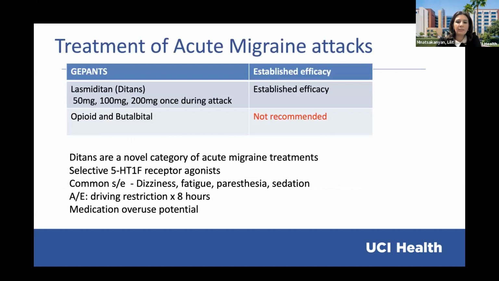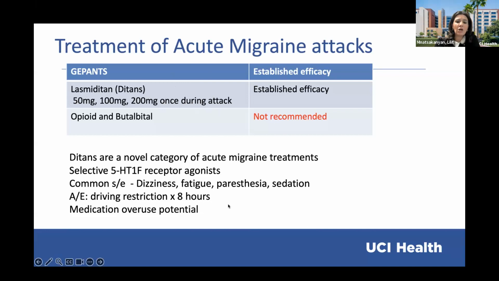Now, with the gepants' availability, of course, there hasn't been a long time to show established efficacy, but it is established efficacy for gepants, the CGRP receptor antagonists. And then there is another new category of medication also available, the ditans, namely lasmiditan, which comes in three dosage formulations, again approved for use during acute attack.